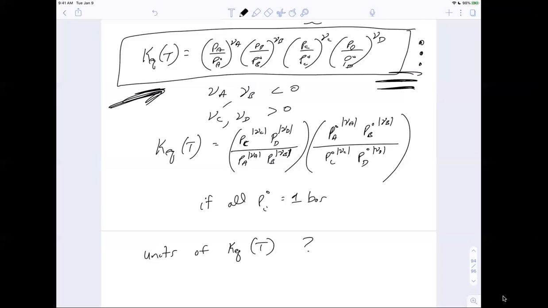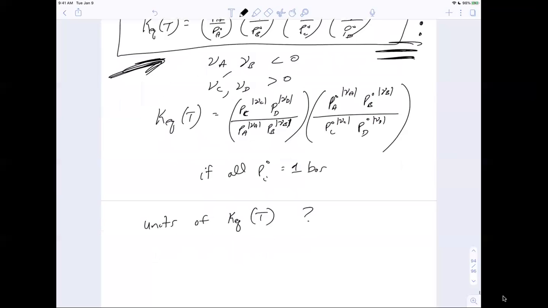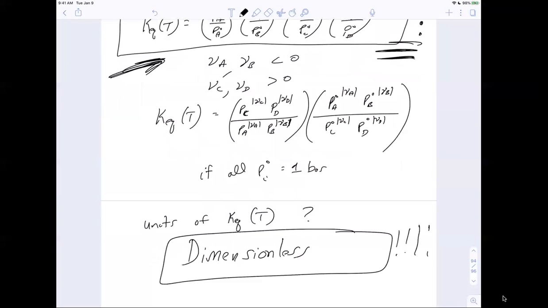So we have something unitless being raised to some power, which again has no units. So this whole thing is unitless. K equilibrium has no units. That is a fundamental fact. K equilibrium cannot have a unit.